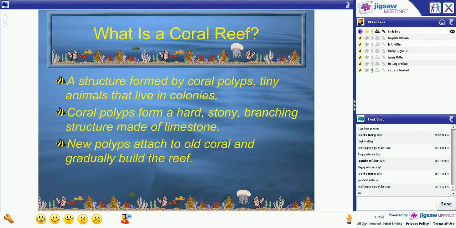But yeah, they're a type of sea anemone, and I've also felt that they are very rough, but depending on the type of coral, it could be a different texture.